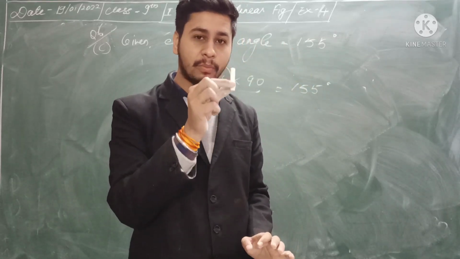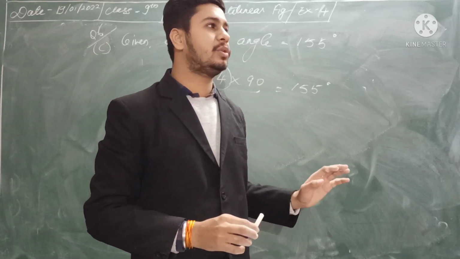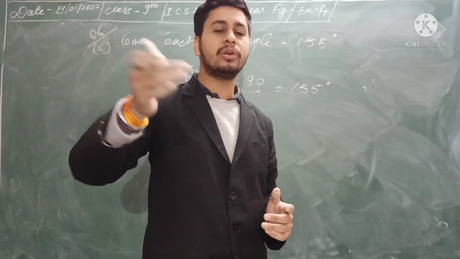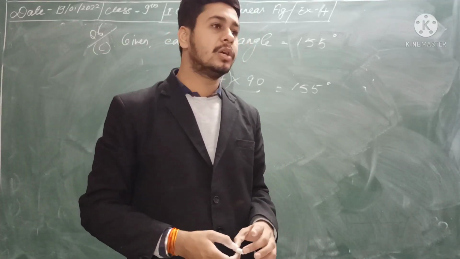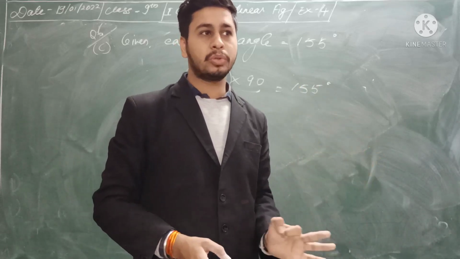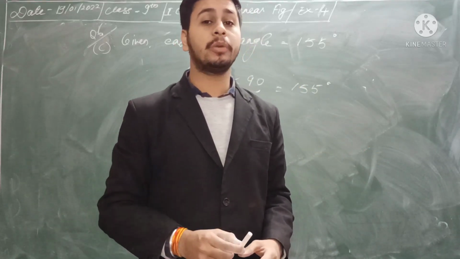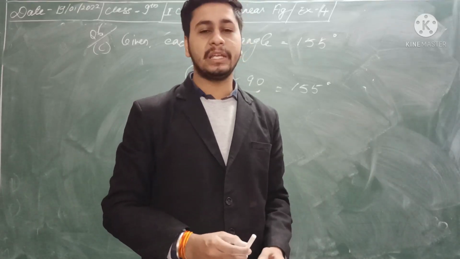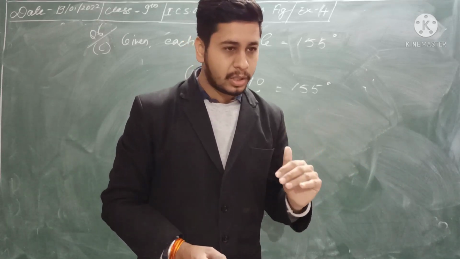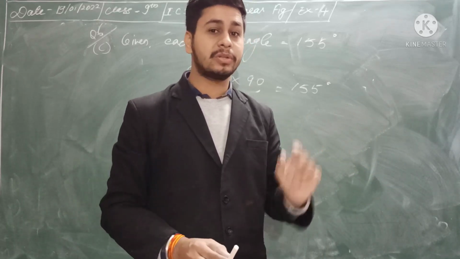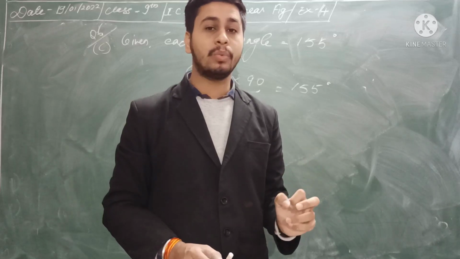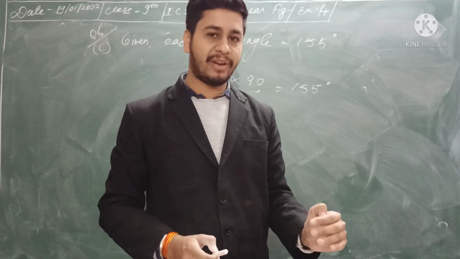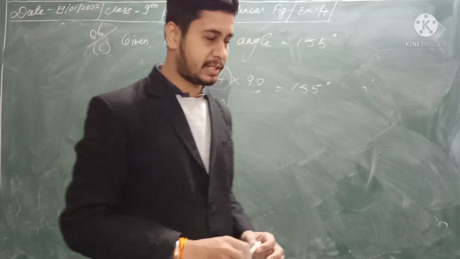You cannot have a structure with n equal to 1 or 2; definitely the answers will come from 3 or 4 onwards. The main thing I want to say is that the value of n should not be a decimal or a fraction like 17 by 3 or 16 by 5, because this is the number of sides and we count things in natural numbers, not in fractions or decimals. So please remember this.